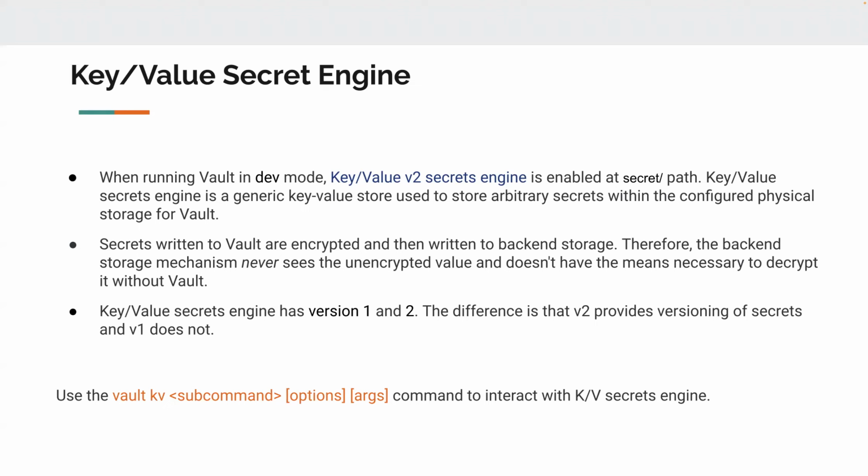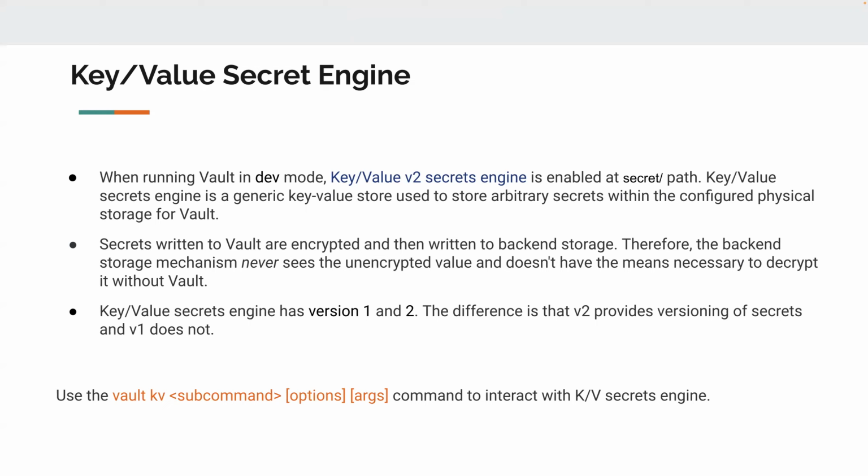So let's suppose you are storing a secret, the path would be secret slash the secret name, the key name to that path. Once you access that, you will get the value of that particular generic key value.